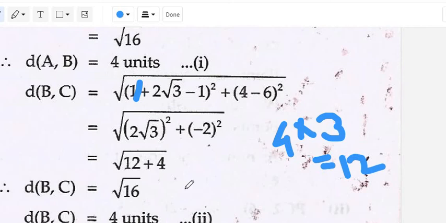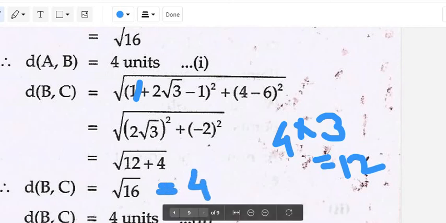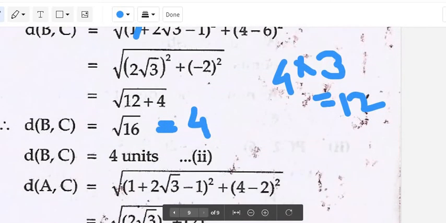Minus 2 squared is plus 4, 12 plus 4 is 16, and square root of 16 is 4, and therefore your BC is also 4 units.